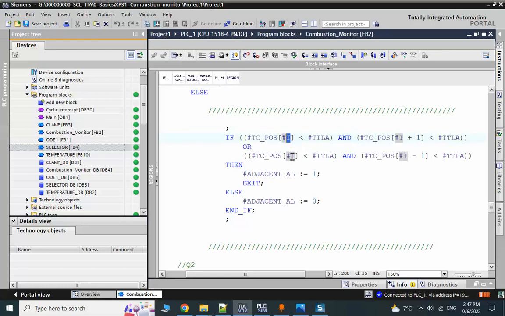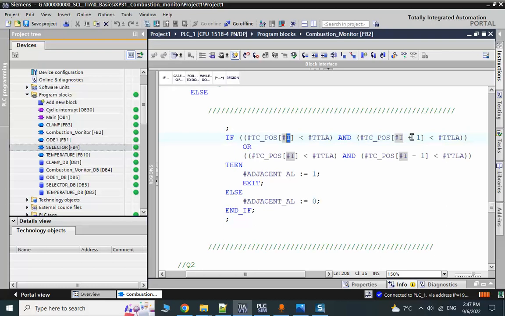We check the current position, consider I is 5: if thermocouple 5 and 6 are less than the alarm, or thermocouple 5 and 4, the adjacent thermocouples. Because they are not in the boundary conditions, we can check the adjacency by the loop counter.